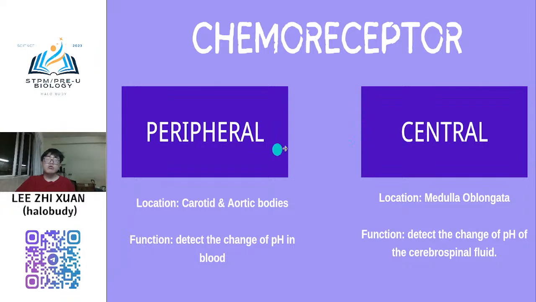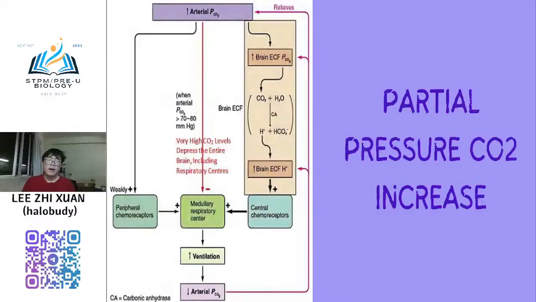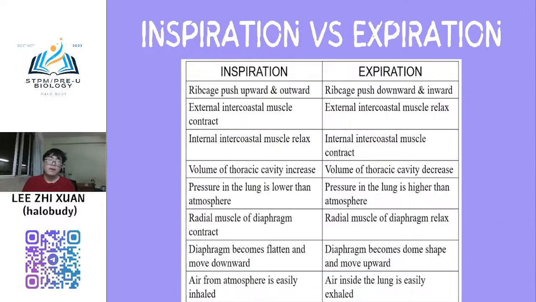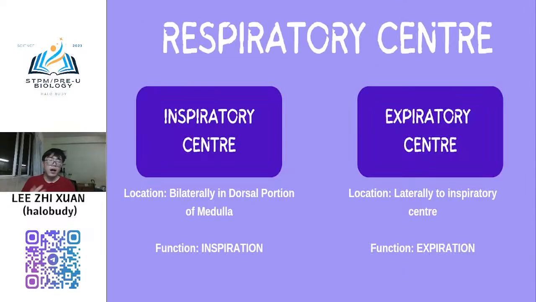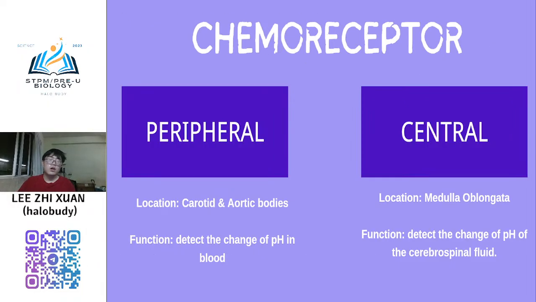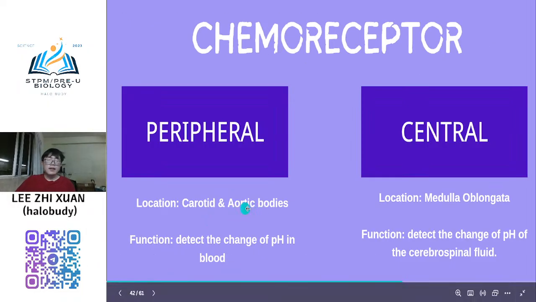So these two types of chemoreceptor, the locations are different. So peripheral chemoreceptor is located at the carotid and aortic body, meaning it is located near the heart one. Dia dekat jantung punya.